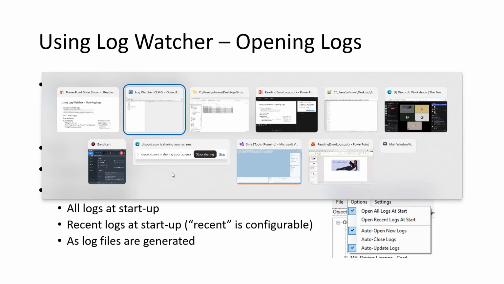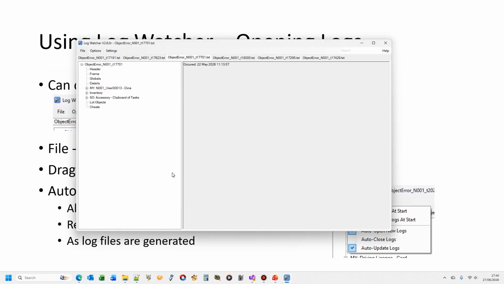And again, as the game runs and it generates a log file, it will realize a log file has been created, and it will automatically open it if you have the settings. So you've got some settings here: open all logs at start, open recent logs, which are ones that have occurred in the last 7 days. You can automatically open new logs, and you can automatically update logs.